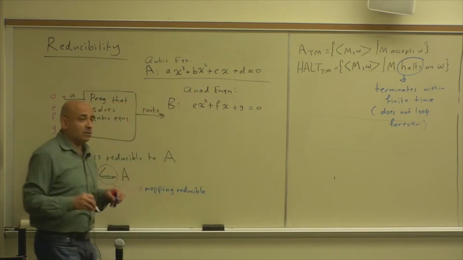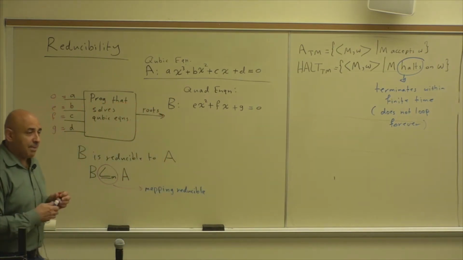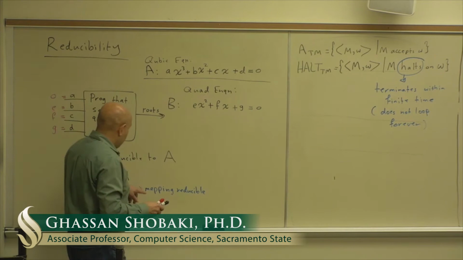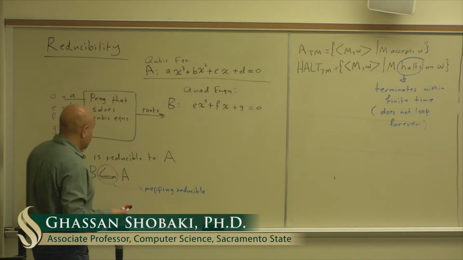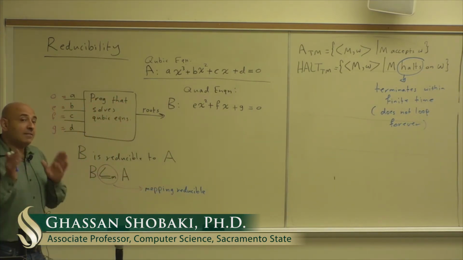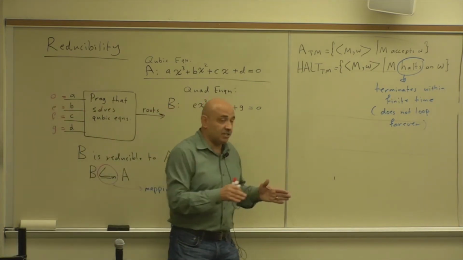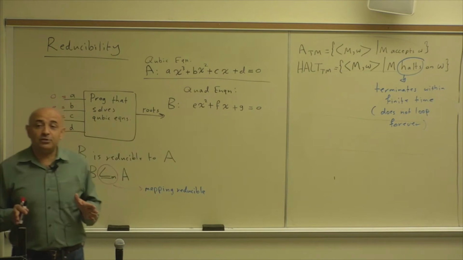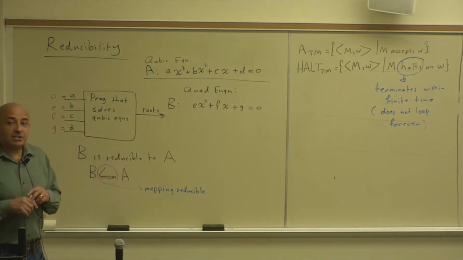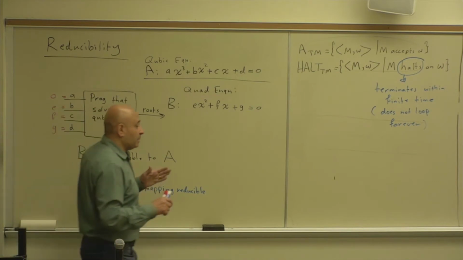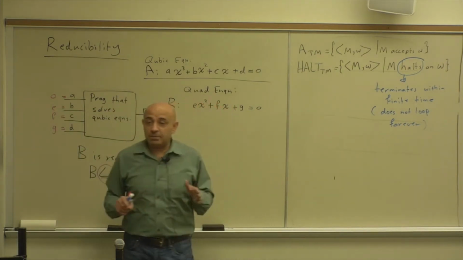What does mapping reducible mean? It means that there is a mapping, a function, and that function is Turing computable. We can compute it using a Turing machine, or using a program written in a general purpose language running on a general purpose computer.